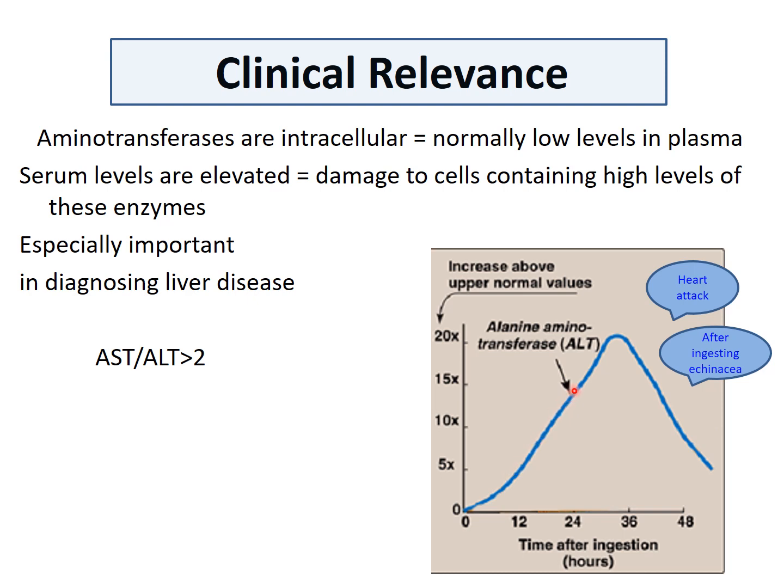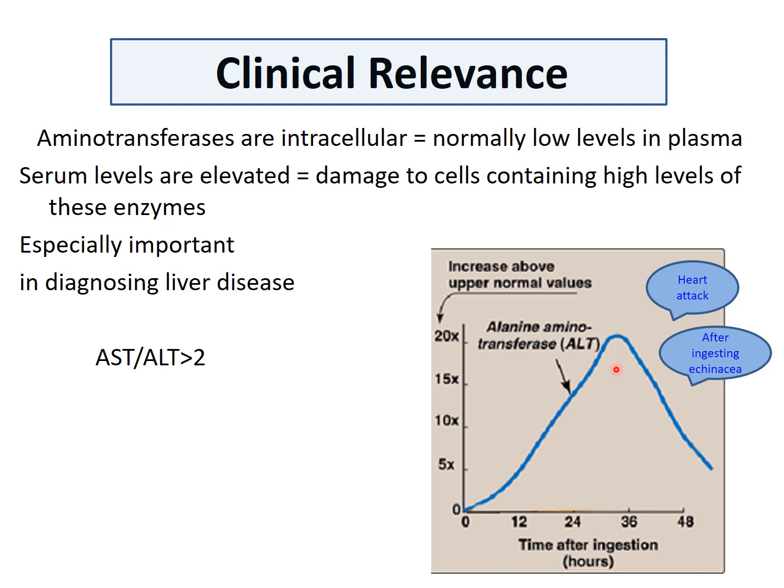This is an example of how ALT, one of the aminotransferases, level increases after ingestion of different poisons, for example, echinacea in the liver. It also can be released in heart attack.